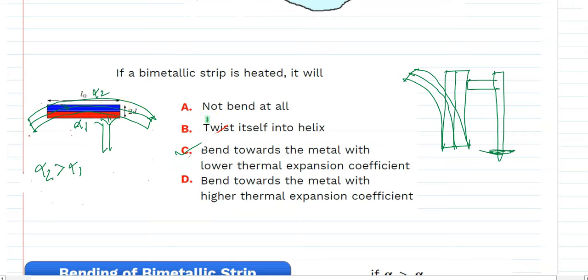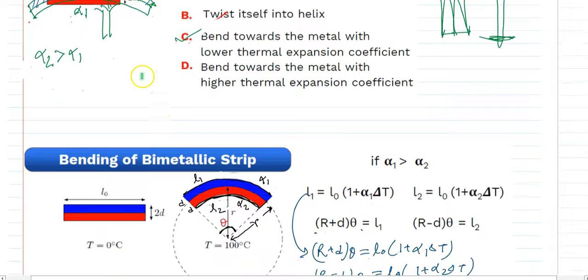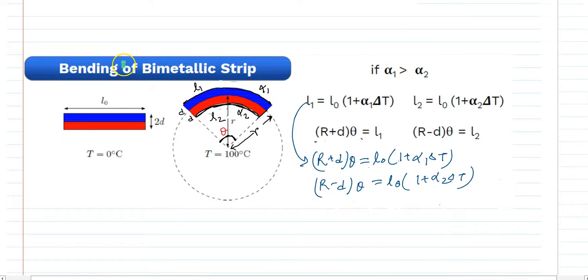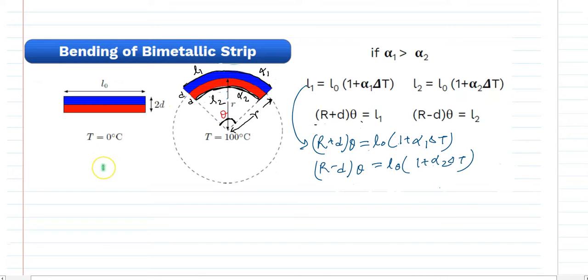If alpha 2 is greater than alpha 1, then the strip having coefficient alpha 2 will increase in length faster than the one having coefficient alpha 1. Okay, that's why it will bend towards alpha 1, and we can find the radius of curvature of the bending beam.